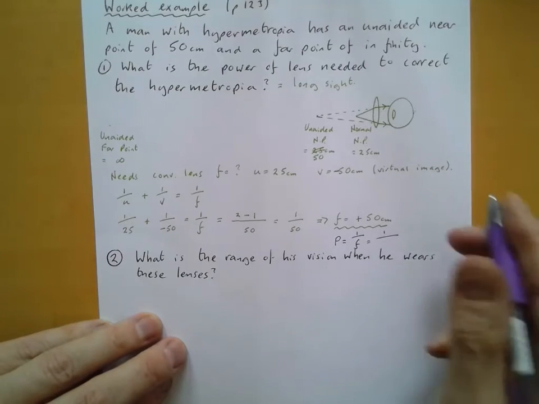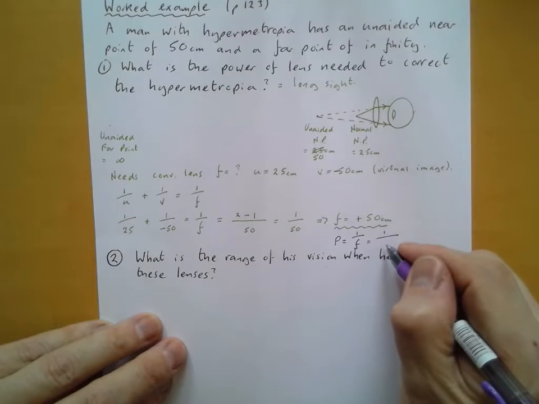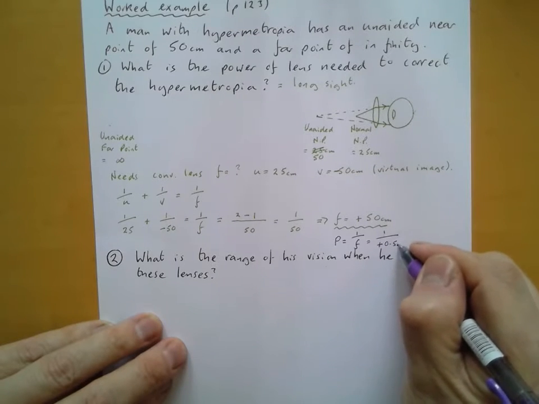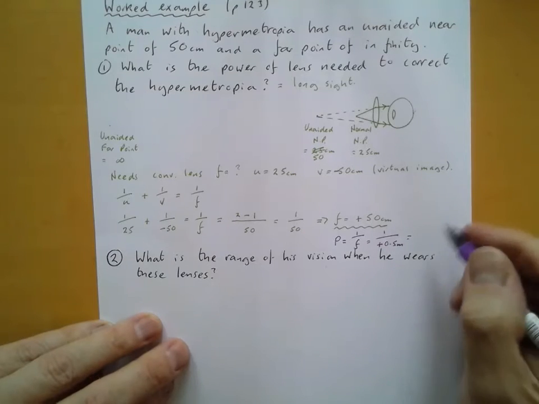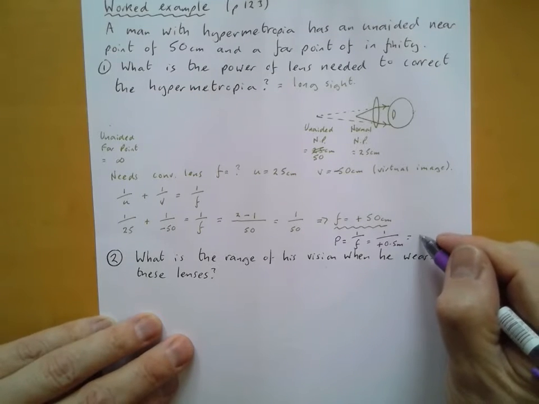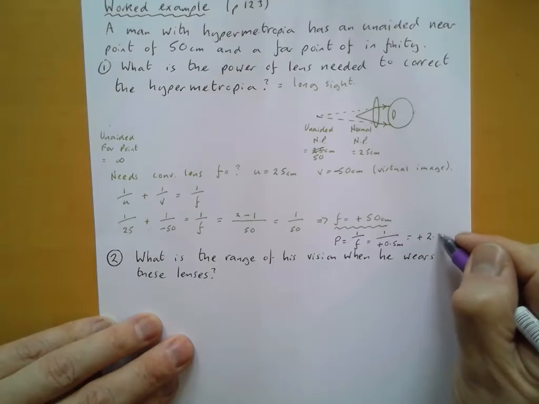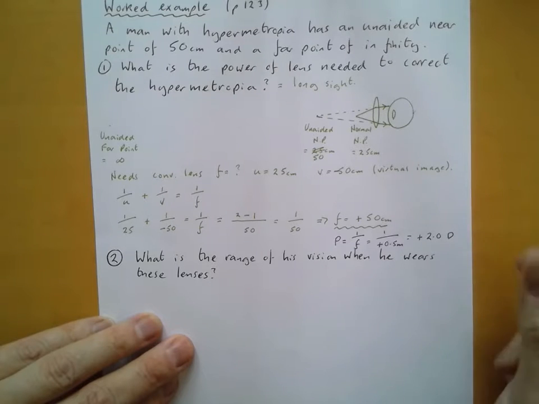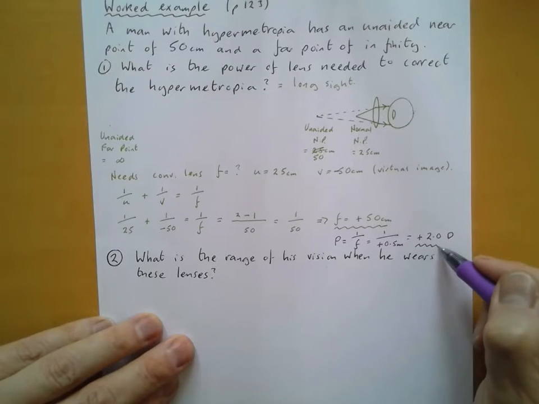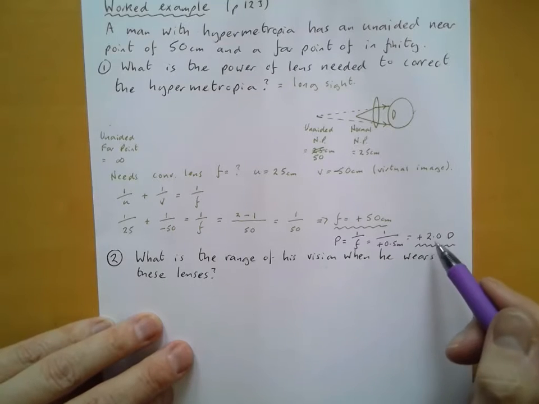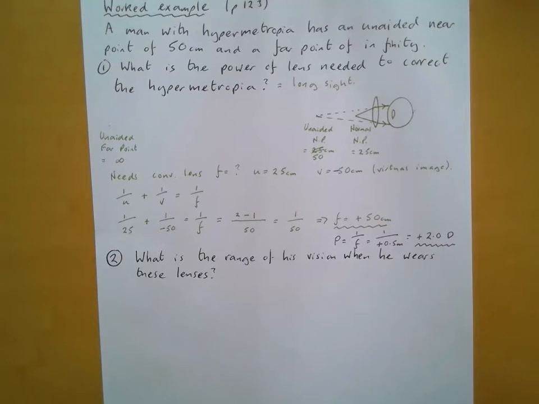So in this case, that's 1 over 50 centimeters, which is half a meter, and it's positive 0.5 meters, and that gives us a power of positive 2.0 diopter. So the prescription that he needs is positive 2.0 diopter to correct his long sight. Okay.